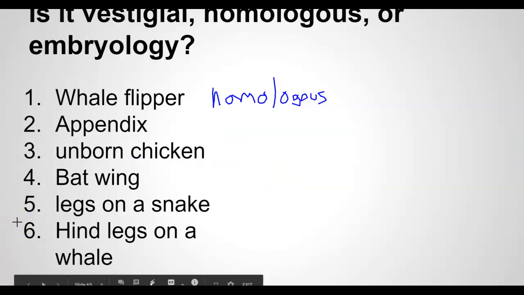So the next one there is your appendix. Well, they can actually cut your appendix out, so we don't need it. It is not used. So that makes it vestigial.